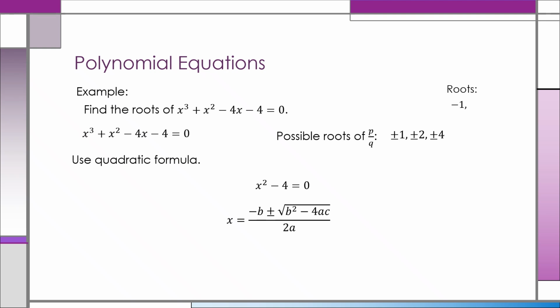Before you use it, identify the values of a, b, and c, and substitute them into the formula. I'll give you the time to find the other roots. Pause this video, and when you're ready, kindly resume this video.